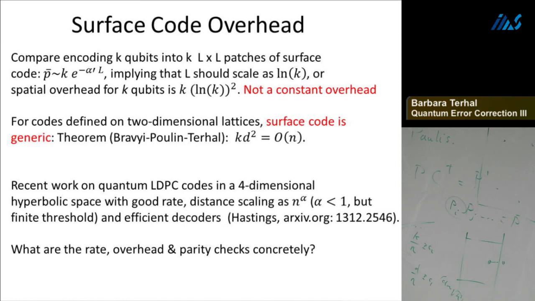But what I would find interesting, and I had a student in Aachen look into this, is that this is quite an interesting construction, but we'd like to know explicitly what the parity checks are, what the rate is, and what the overhead of this code is, to see if there's any chance that this is interesting from a practical perspective, not just from a mathematical perspective.